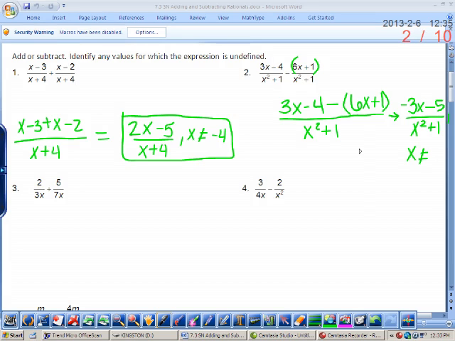Yeah, if we tried to set our denominator equal to 0, we'd have x squared plus 1 can't equal 0. So x squared can't equal negative 1. Well, does x squared ever equal negative 1 when we're dealing with real numbers? No. So instead, you can just say x is an element of all real numbers. You don't have to put that down, but I want you to know that we tried to see what x couldn't equal, and it ended up it could equal anything.